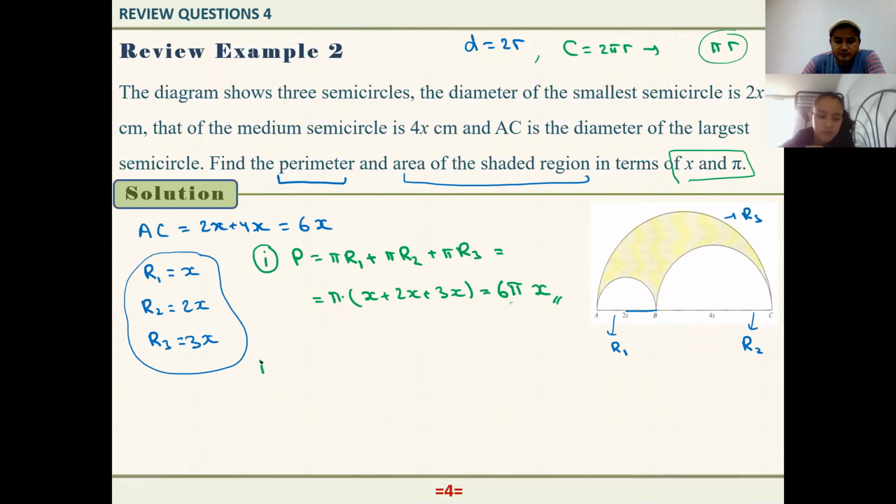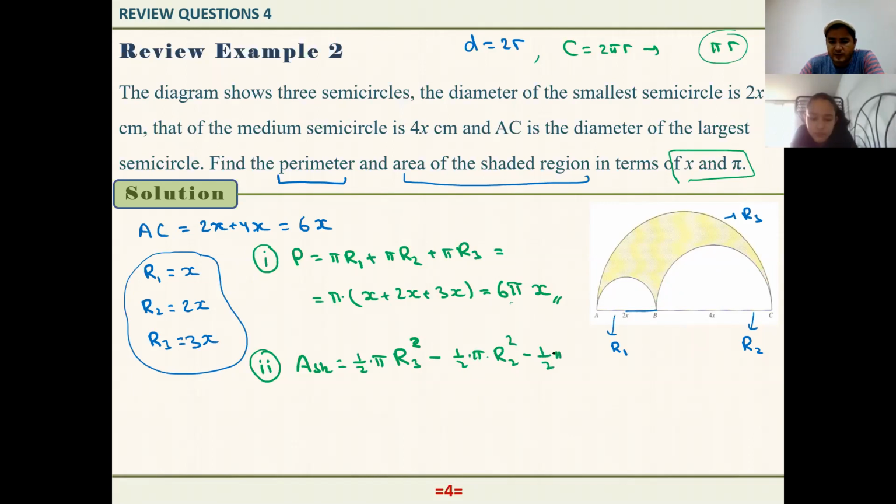Okay, now the second part. How about the area of the shaded region? That is the area of this big semicircle. We know the area of a semicircle is 1 over 2 times pi r squared. So it is 1 over 2 pi R3 squared, minus 1 over 2 pi R2 squared, because from this big one we removed the medium one, minus again 1 over 2 pi R1 squared.